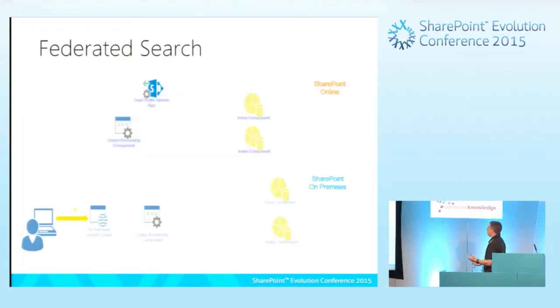So we have our user down here. He's about to make a search query, and this is the process that actually goes through. They do an on-prem search center query that gets sent off to the on-prem processing component.